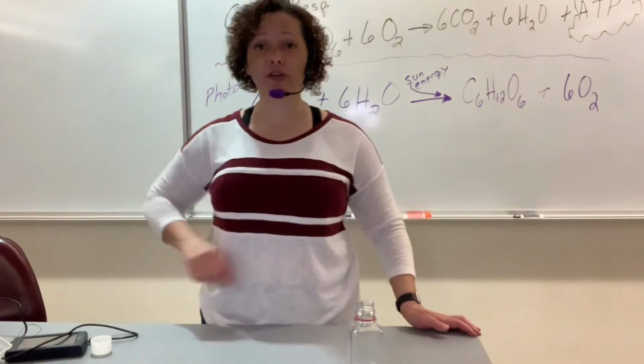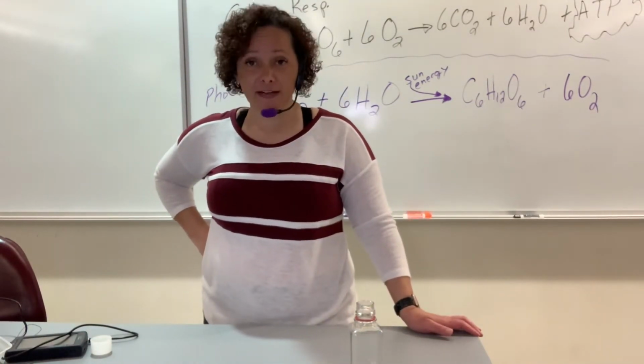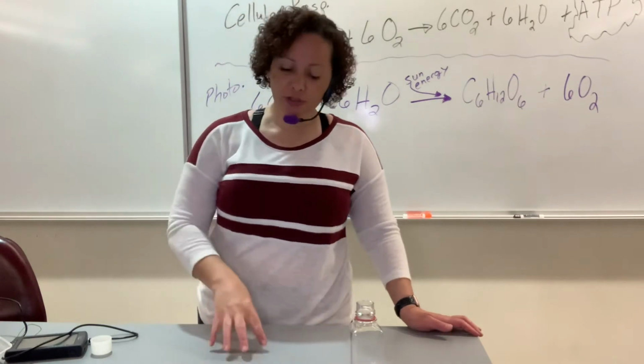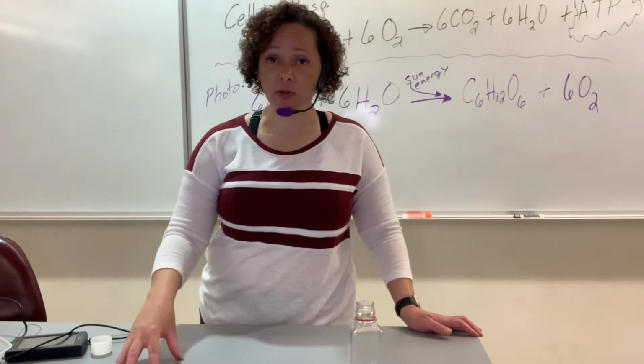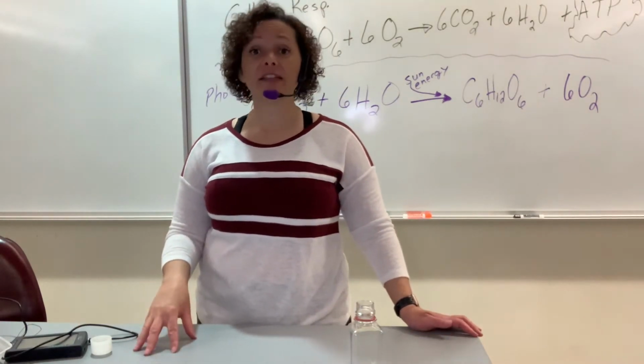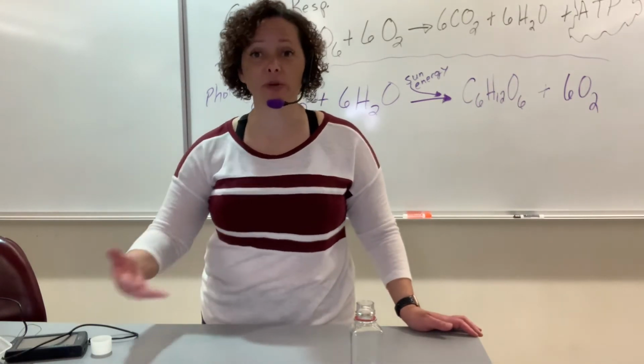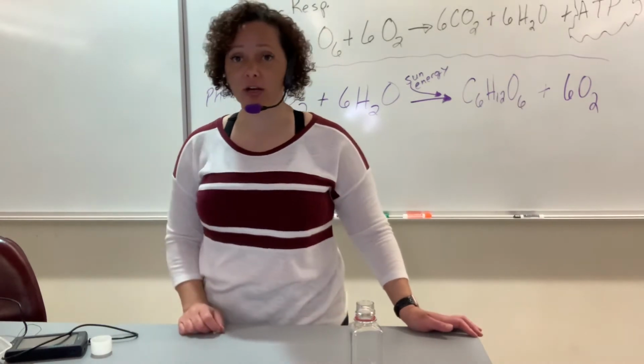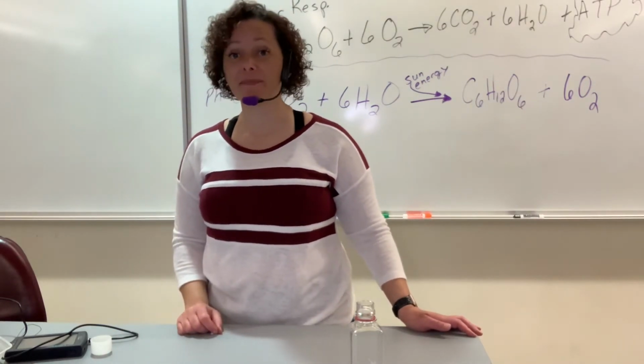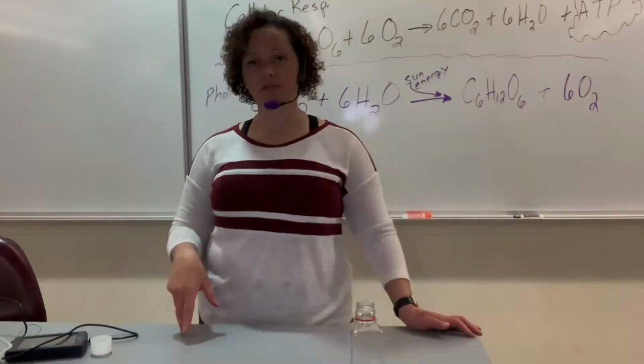I say do the dark first, okay? I find what happens when you put certain animals in the light first, they get very stressed, and then they don't respirate when you put them in the dark. You almost think that they died, okay? So I always say put them in the dark first.